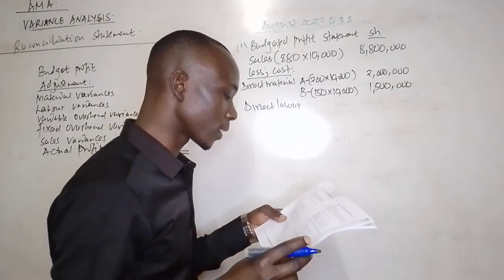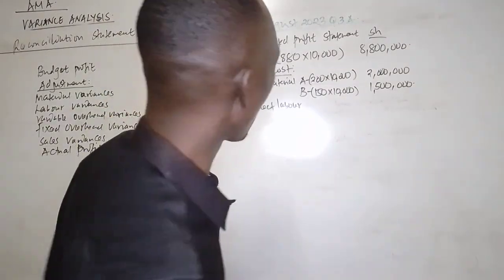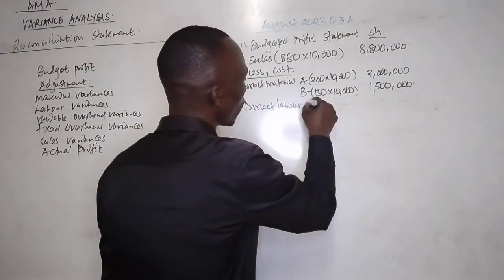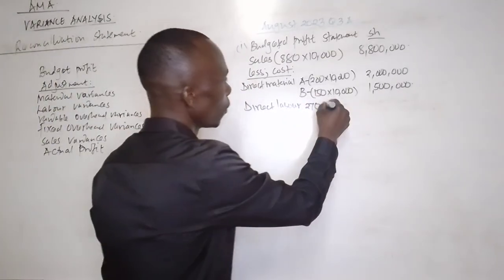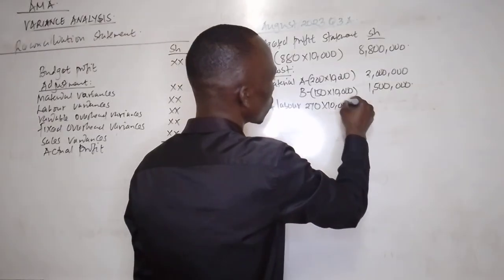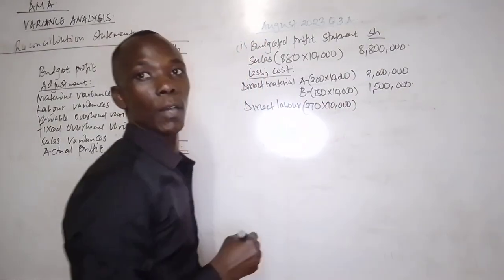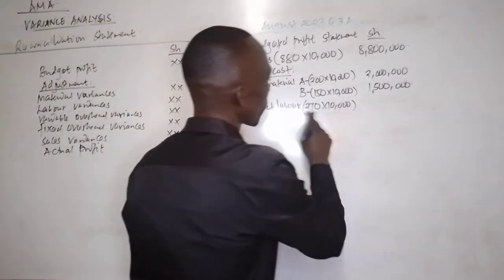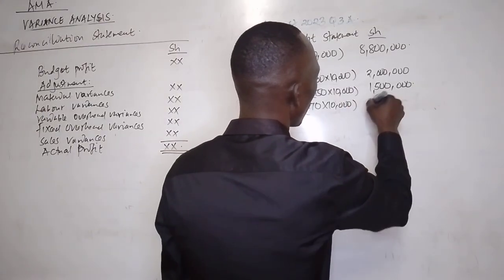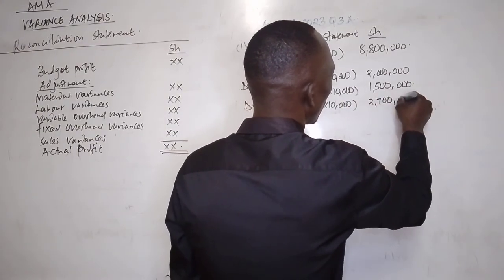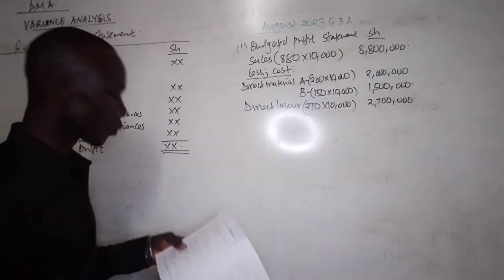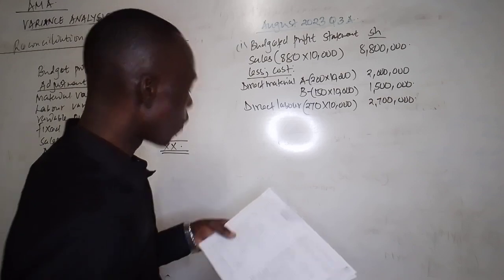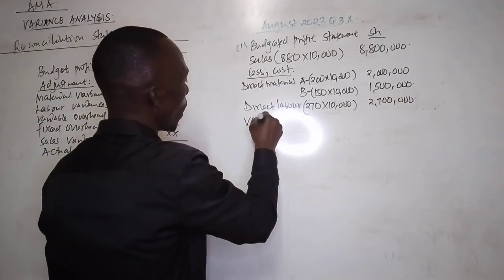We are told 3 hours at shillings 90 per hour, but we need per unit, which is 270. Then we multiply by the number of units, 10,000. This will give us a total of 2.7 million.